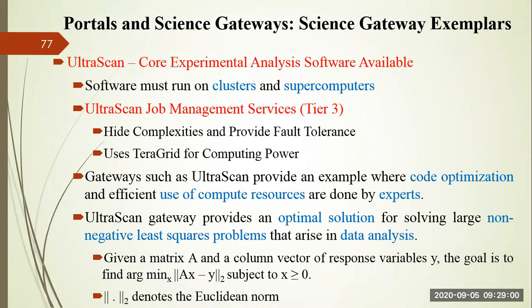As I discussed already, it also uses TeraGrid for computing power. TeraGrid is going to provide the computational power. Whenever you want to run a particular application where a massive amount of resources is required, you can take help of TeraGrid. These gateways such as Ultrascan also provide an example where code optimization and efficient use of computation resources are done by experts.